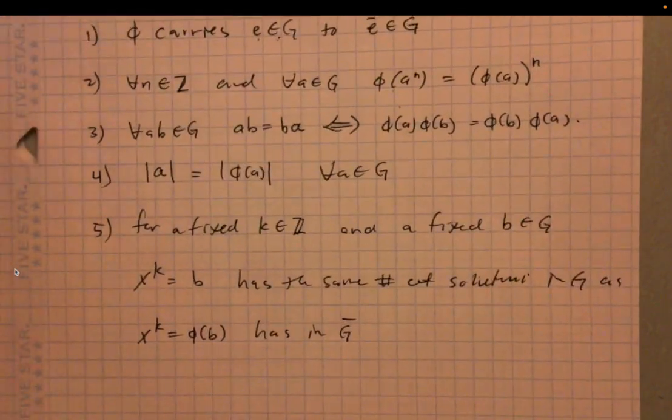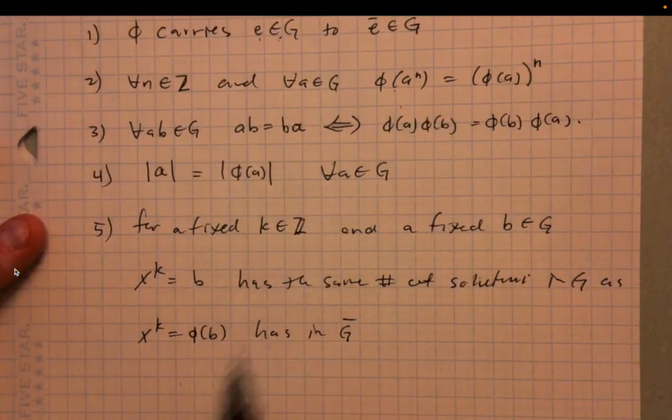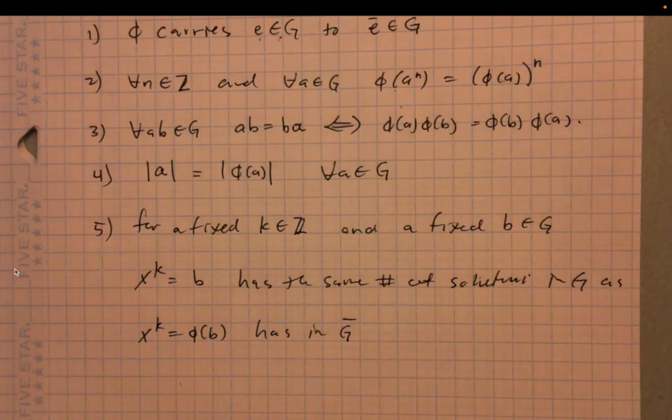This one here is a little bit different. This last property, we'll see, is going to be extremely useful. It's extremely useful for showing that two groups are not isomorphic.